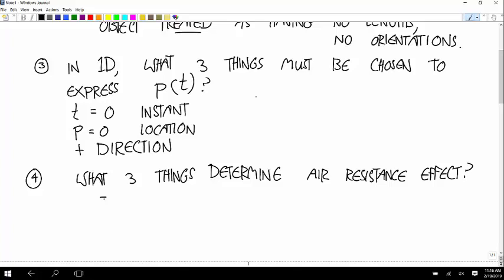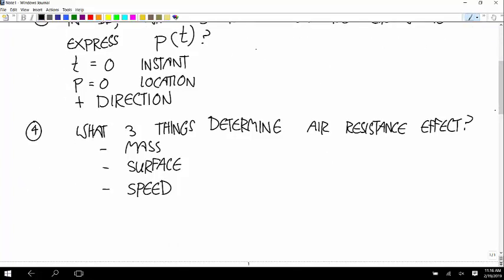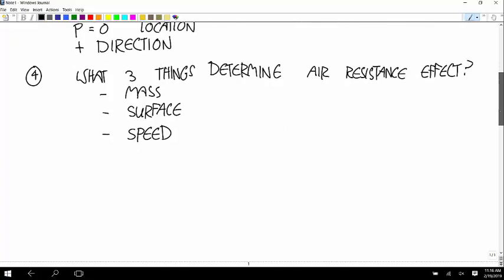The mass, the surface area, or the shape. I accepted either one of those. Really, it's kind of both of those in a way, but I lumped those into a single thing. And then the last thing was speed. Of those, the thing that affects it the most is the speed, because it happens to be squared in the equation for air resistance.